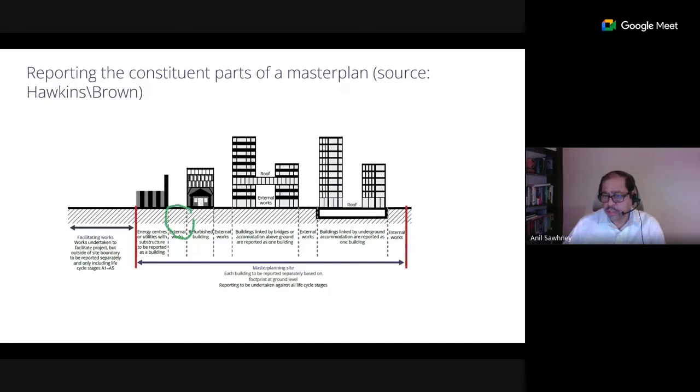You have external works sitting here, here, here, and here. This is your property boundary. So probably you won't consider this. You will only consider all elements that sit within these two red lines, which are your property boundary. So this is an illustration of how in practice you will do the assessments.